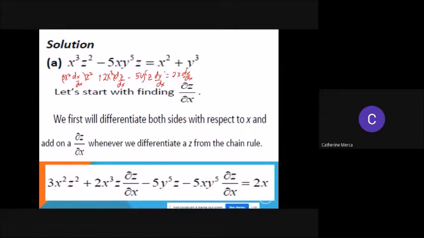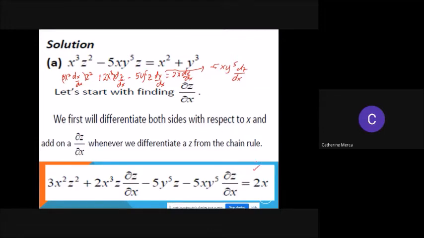So, sorry ha, may isa pa yung dapat ito. Minus 5y to the 5th then partial of z. So, we have dz dx. Same manner na kaning duha para lang na diri. So, x squared para diri kani. So, you have this.